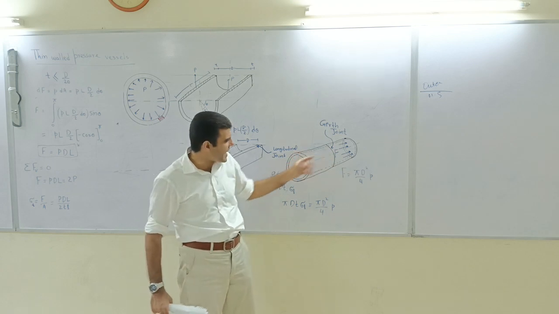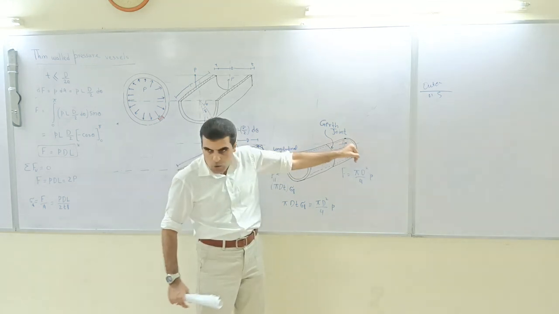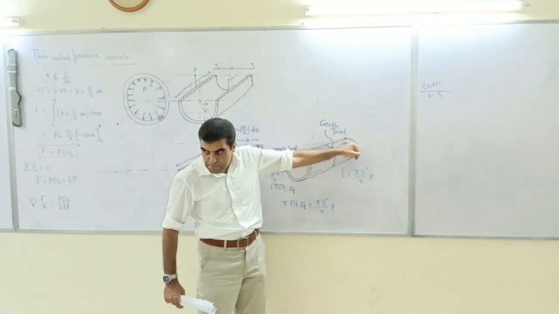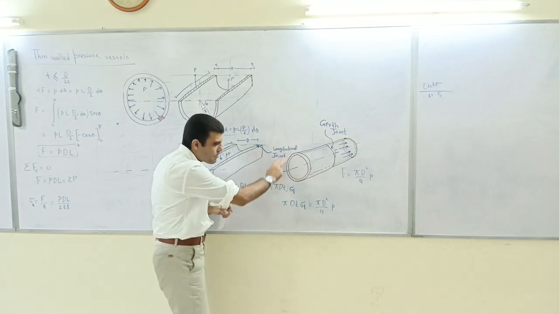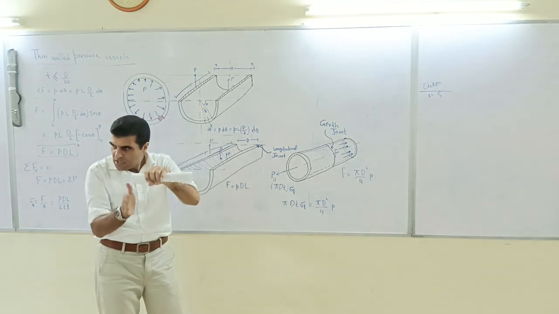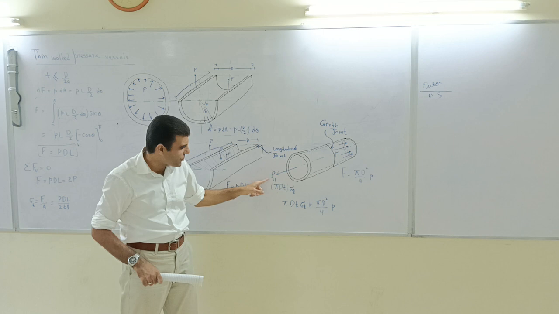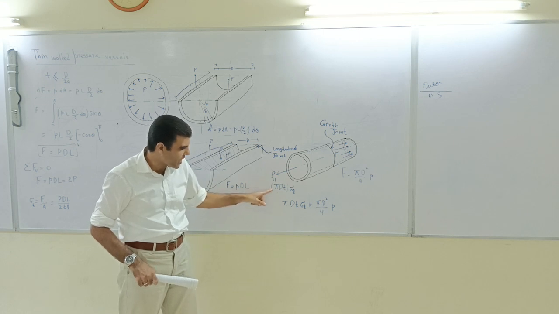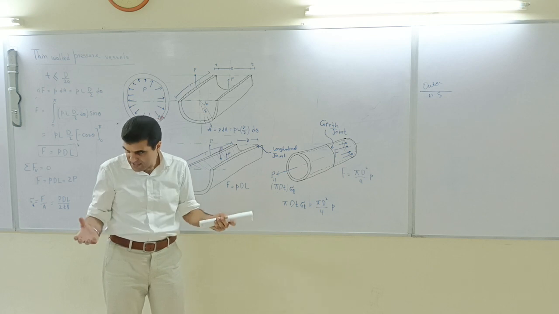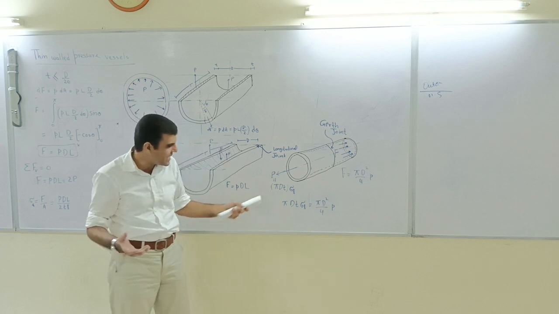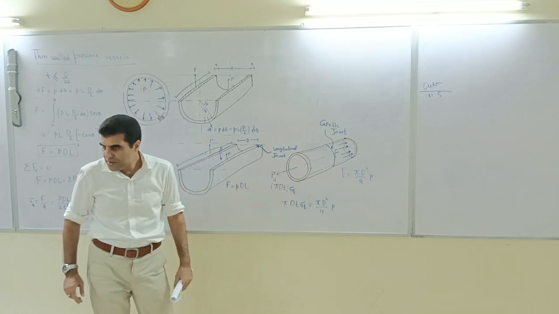And how do we find out now the pressure? If there is a pressure on the whole cross section, that will be resisted again by the wall, but this time the cross section. And that cross section is equal to pi dt. 2 pi r is the circumference, so pi dt times the longitudinal stress.